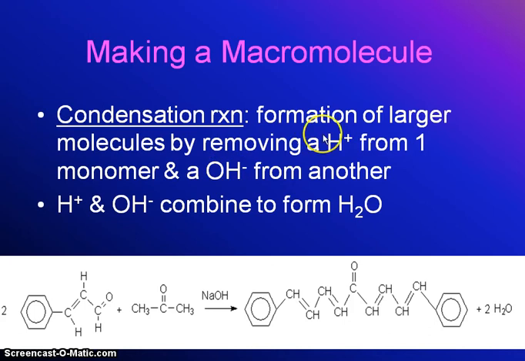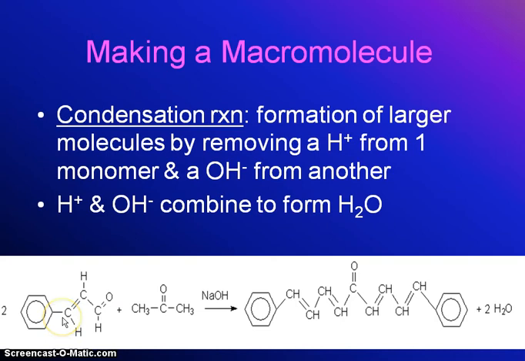Okay? By removing a piece of each of those monomers, that's going to allow there to be a spot for those two monomers to bond together and form a large molecule or our polymer, and then the hydrogen and the hydroxide are going to combine to form water. That's where we get this name condensation reaction. We're forming water.